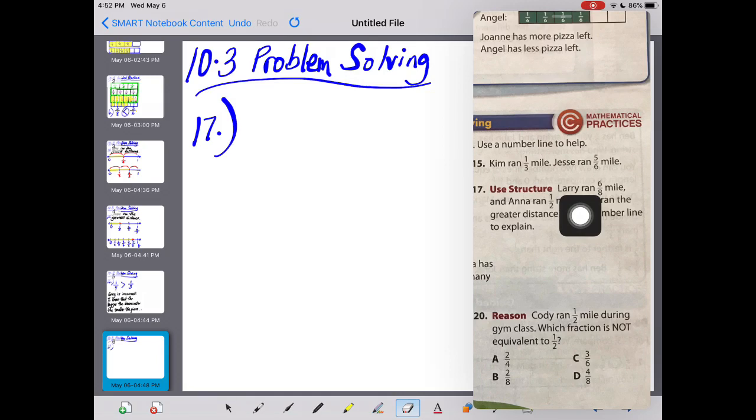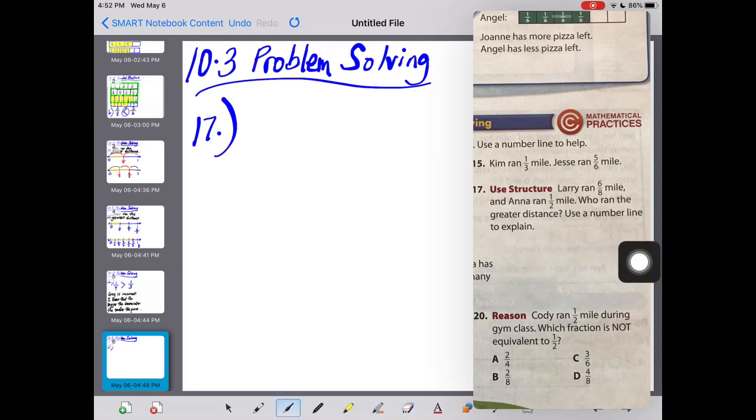Looks like this one here, you're going to have to divide that into eighths. Show me where 6/8 is. And then show me where 1/2 would be on that same number line. And demonstrate who ran the greater distance. Pause the video, then come on back when you've got some of that work done.